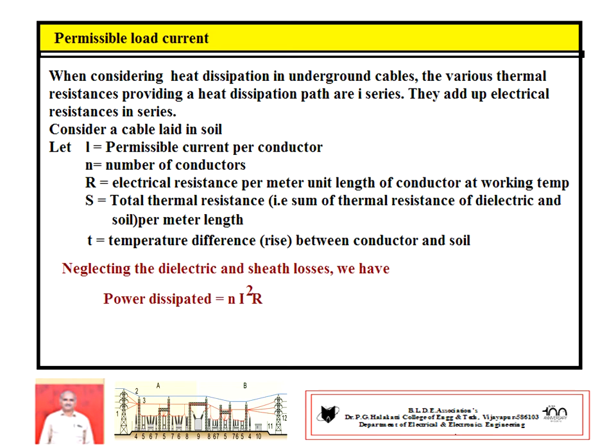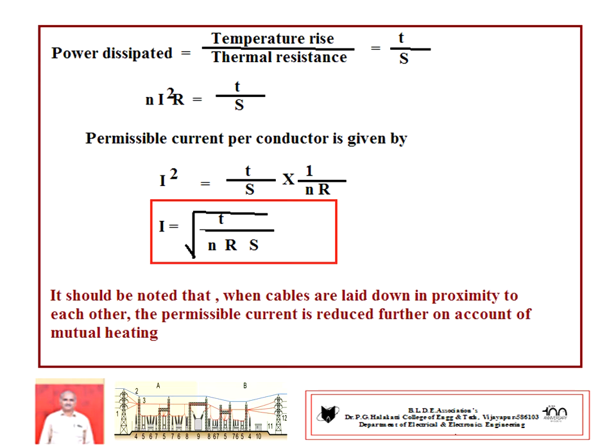Neglecting the dielectric and sheath losses, the power dissipated equals N into I square into R. The power dissipated is also equal to temperature rise divided by thermal resistance, T by S, because S equals T by P. Both equations represent power dissipated, therefore they are equated.